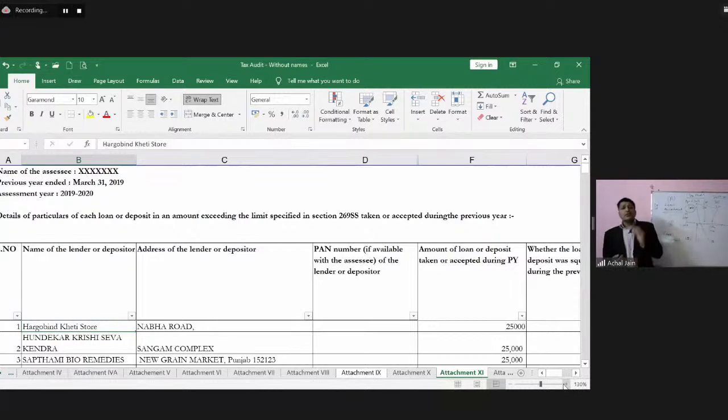Now, in respect of all of this information which is getting captured over here, once again, it's not the duty of the auditor to check each and every piece of information. The auditor will test check this. And as you can see, this data is only running into 82 line items. It may be running into, let's suppose, 150 to 200 line items, or maybe 500 to 600 line items at times, depending on the transactions the company may have had during the previous year.